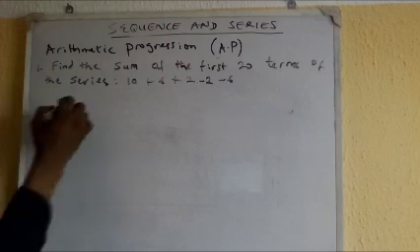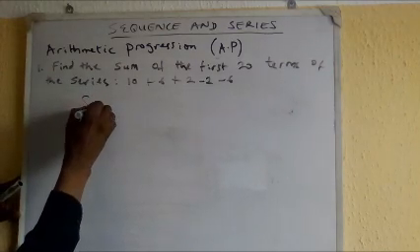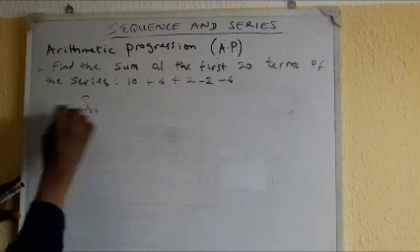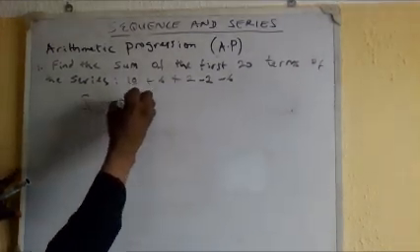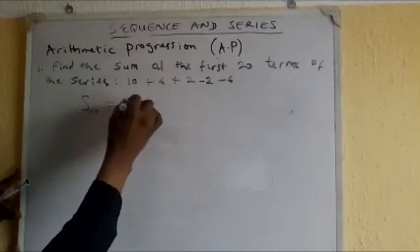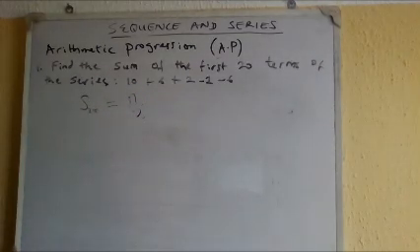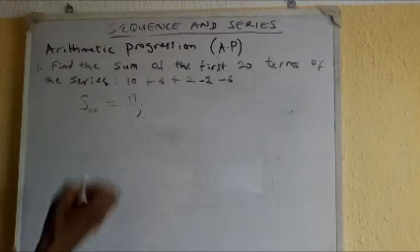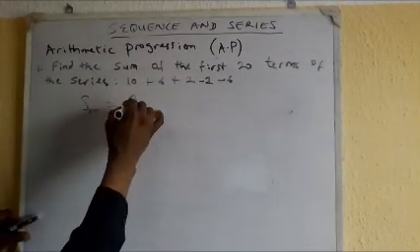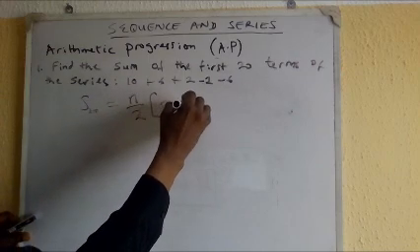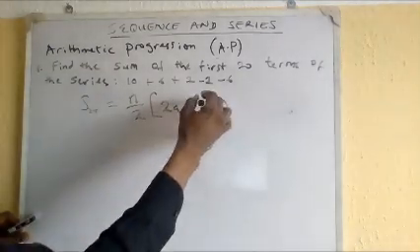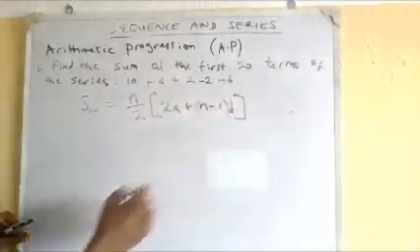So S20, which is the sum of 20 terms, is equal to n over 2, open bracket, 2a plus n minus 1, then d, all brackets.